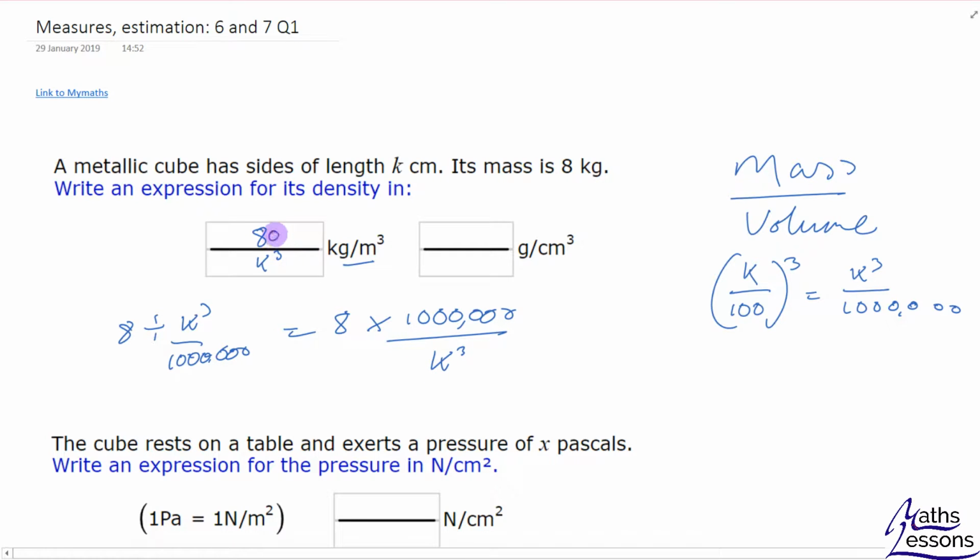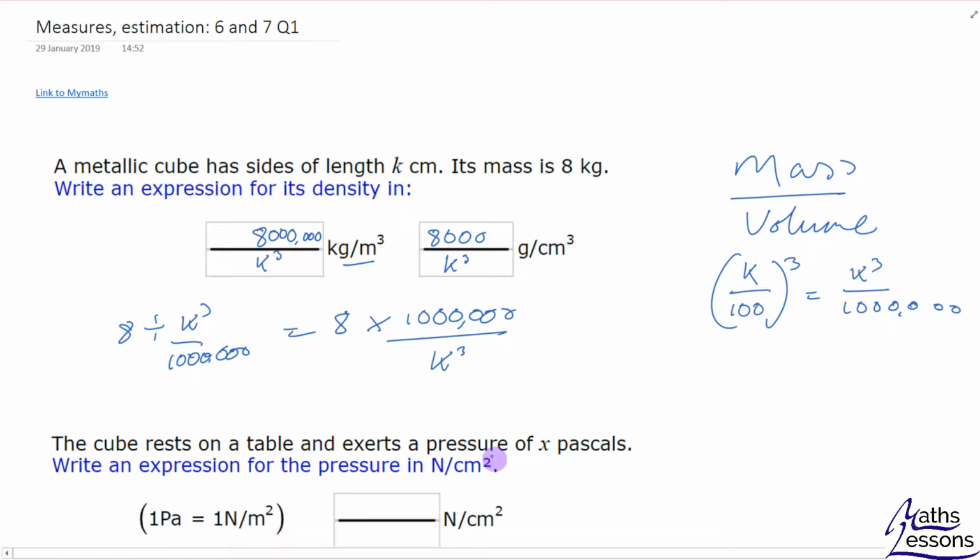So that will give you 8 million over k cubed. Now, as we're in centimeters, this becomes easy. For the bottom bit, we're just going to divide by k cubed because it's in centimeters. We're in grams, and 8 kilograms is 8,000 grams. Moving on to this next one.